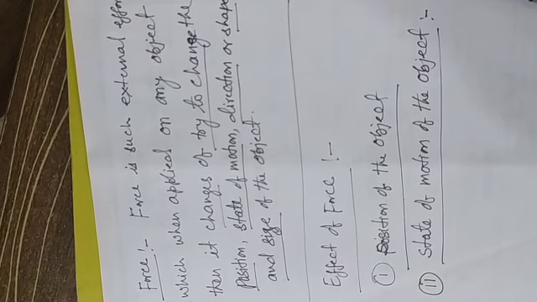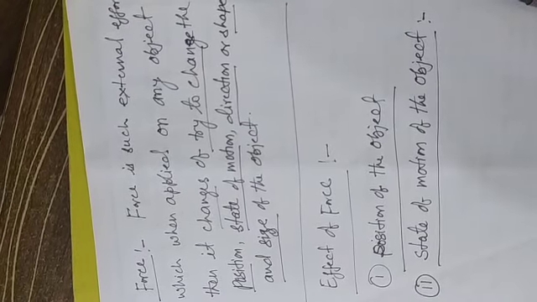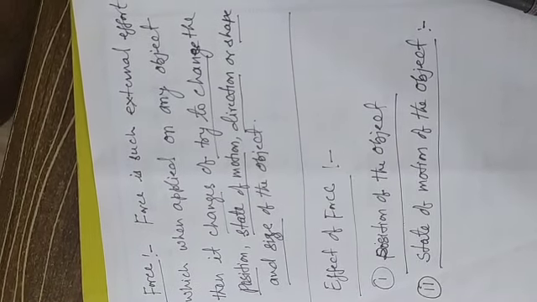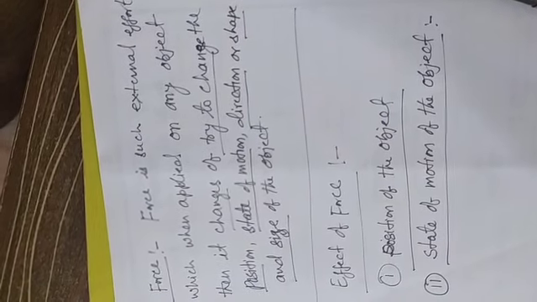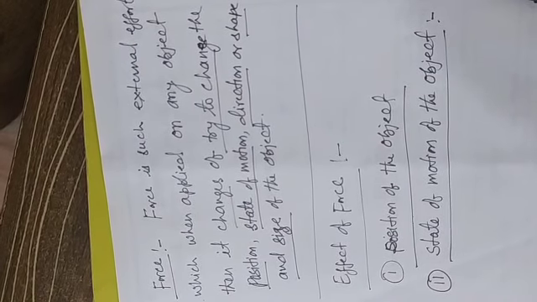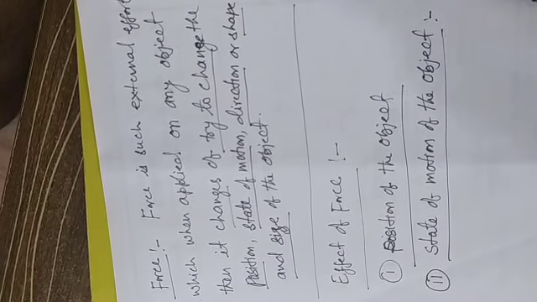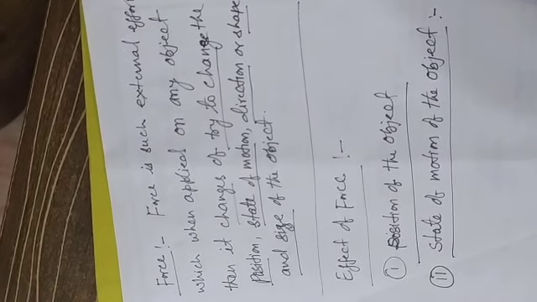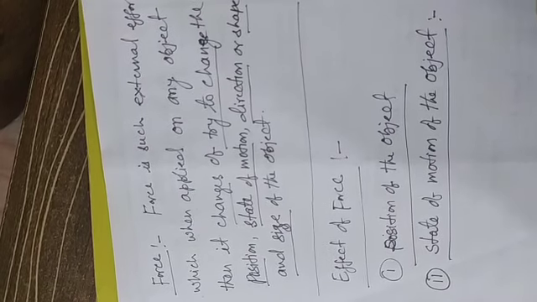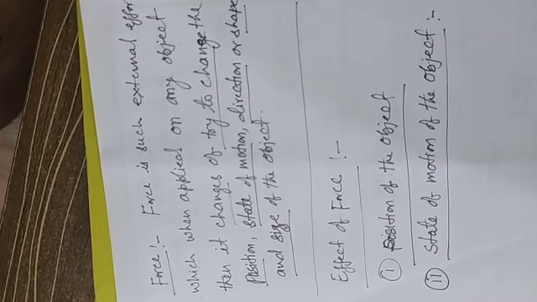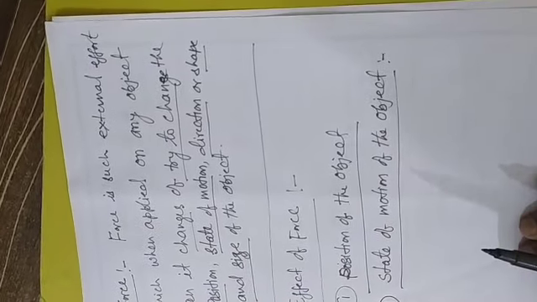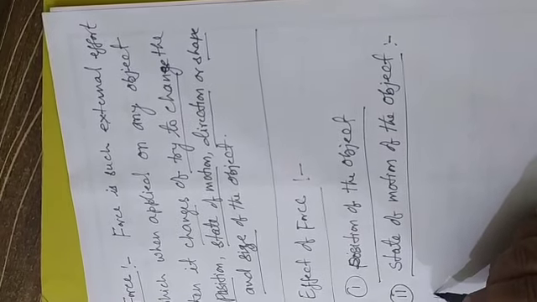But if the car of your principal or your teachers is parked in the field and one boy or two boys are trying to displace it or make a change in the position, from rest to motion, then it is not possible. So changing the position of the object or the state of motion of the object is possible whenever sufficient force is available.